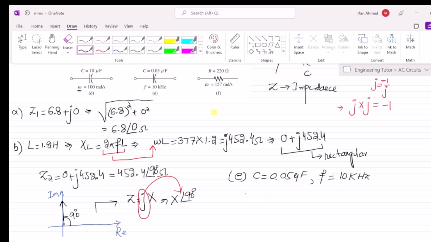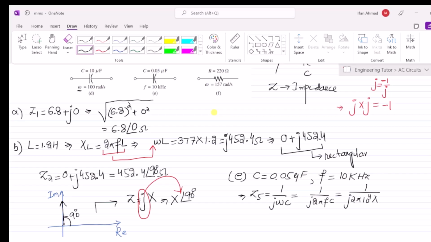So this is Z5, and that is 1 over j omega C, so 1 over j 2 pi f C. Putting values here, j into 2 pi, and the frequency is 10 to the power 4, because 10 multiplied by 10 to the power 3 is 10 to the power 4.